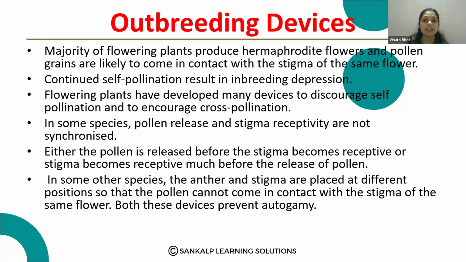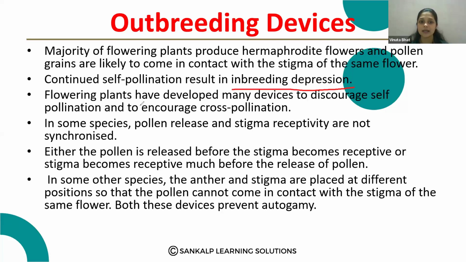What is inbreeding depression? Some genetic diseases, or some quality or nutrition is lacking in the seeds or fruits. That is inbreeding depression. When pollination happens in the same place, there is no genetic variability, so that may cause inbreeding depression.